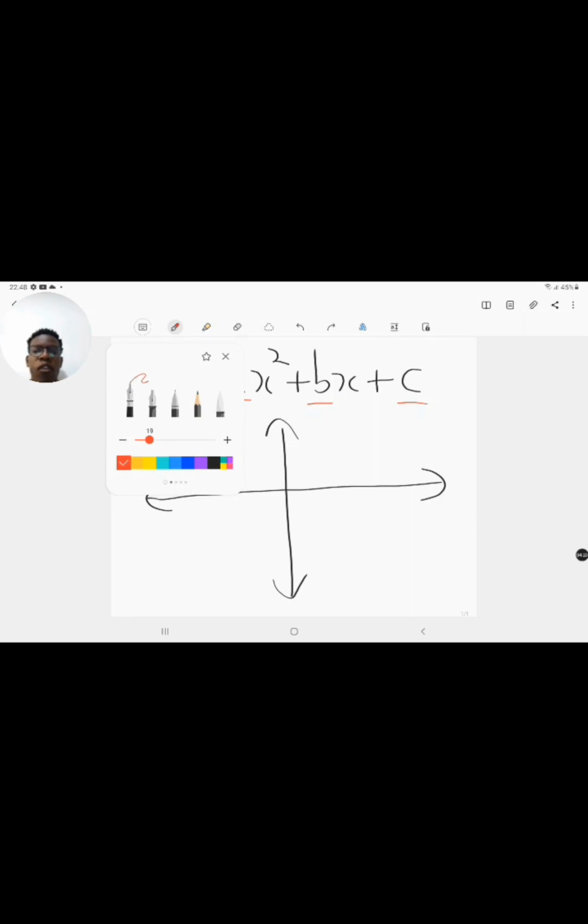In this standard form, a simply tells us if our equation will look like that, or like that, in terms of the direction that it is following.